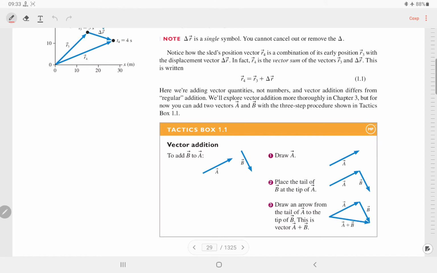This is the addition of two vectors, because position R3 is a vector, R4 is a vector, so you need to add, you need to subtract. So this is about adding, subtracting vectors, and we will explain it later with details. For now, it's enough to know that displacement is a change in position. Final position minus initial position will give you displacement.